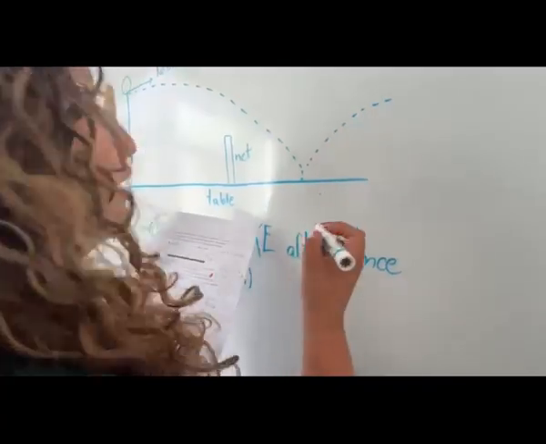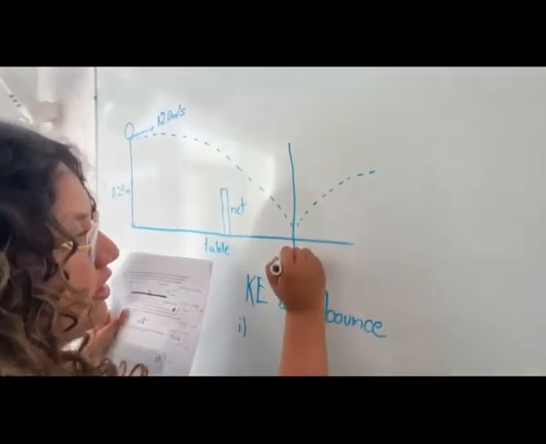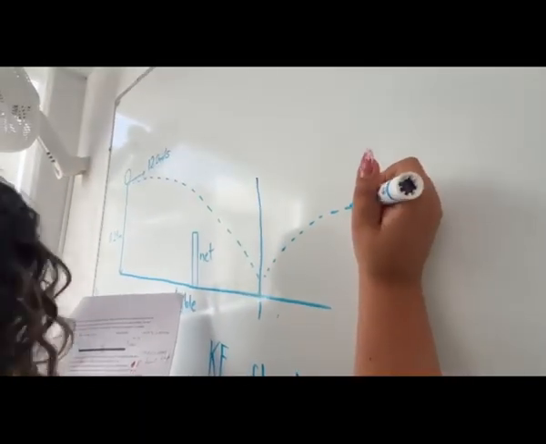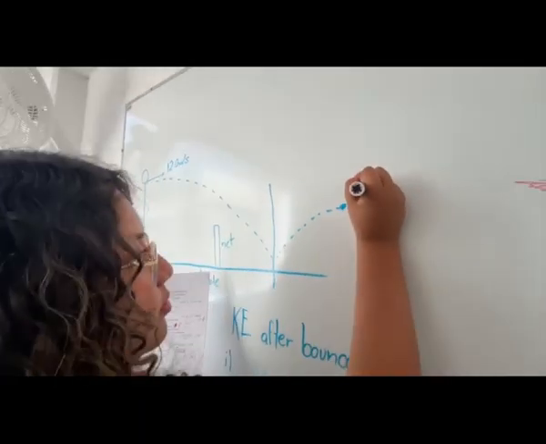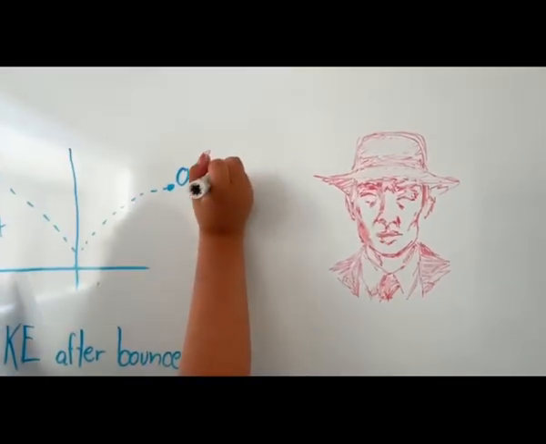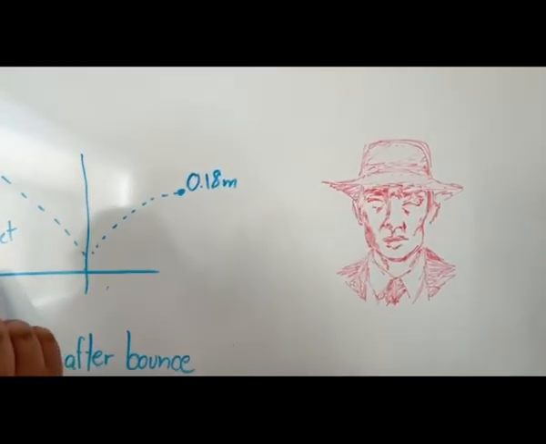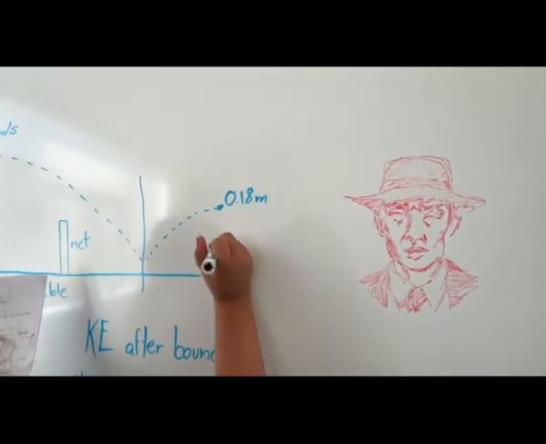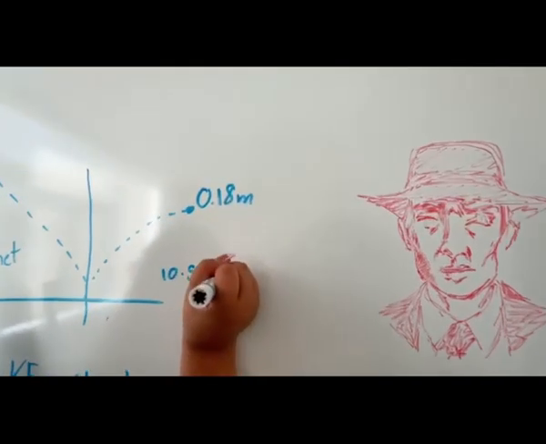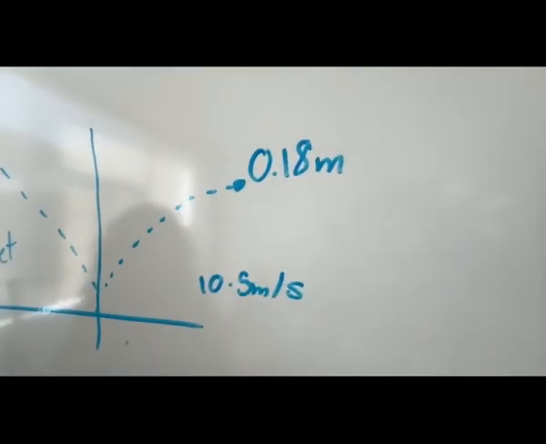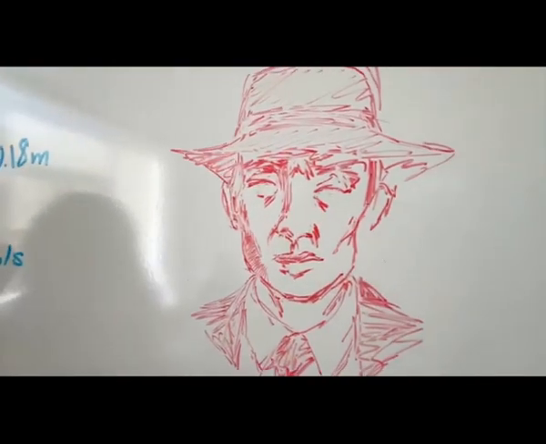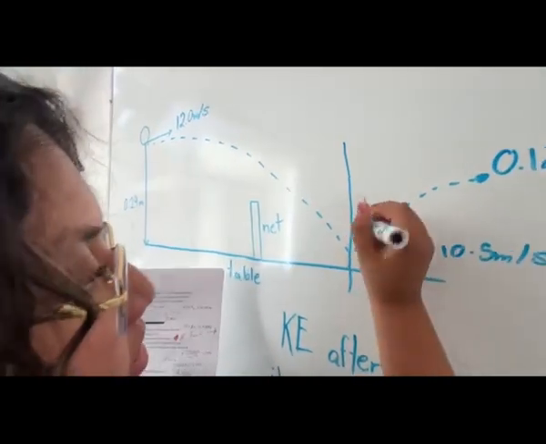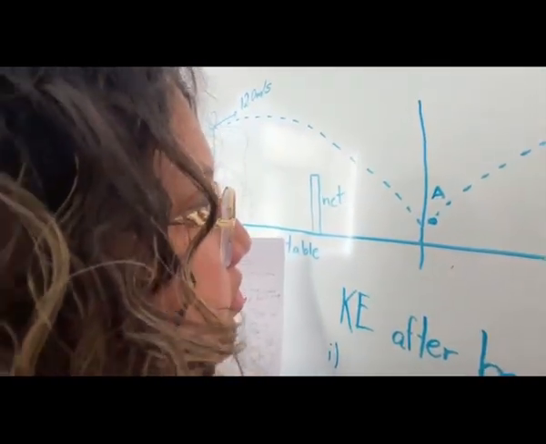So we know that the only thing we're going to care about is after the bounce. And it says that here its max height is going to be 0.18 meters, and its horizontal speed is 10.5 meters per second. So we know that the energy here and the energy here is going to be the same.